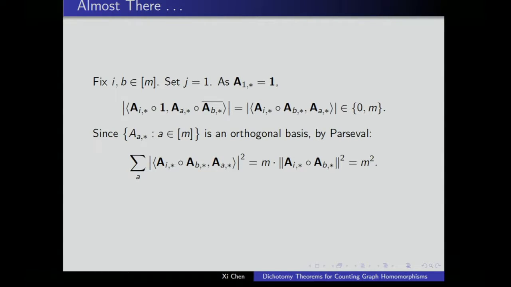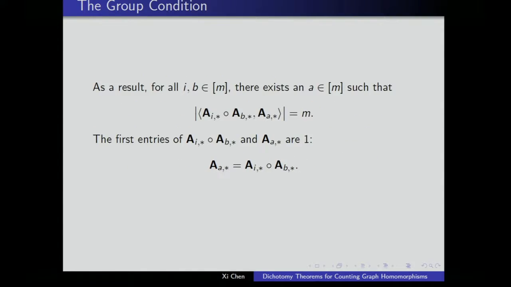So here is something strange: I know that each of these terms should be either 0 or m squared. But I also know they sum to m squared. So the only possibility is that there exists an a such that this equals m.